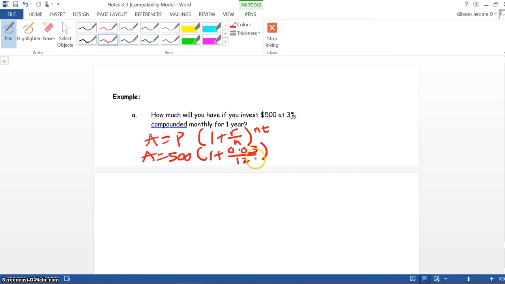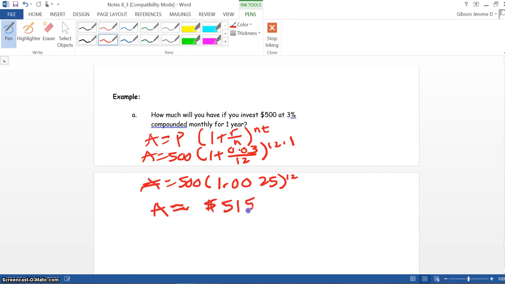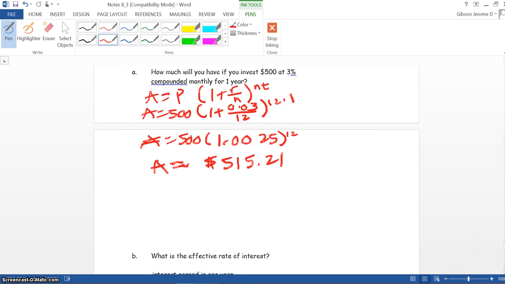Then we will have 12 for N times 1, because it's for 1 year. So now we will have A is equal to 500. Now in parentheses, this will end up being 1.0025 when you put it in your calculator, to the 12th power. So our final answer, in this approximation, would end up being $515.21.